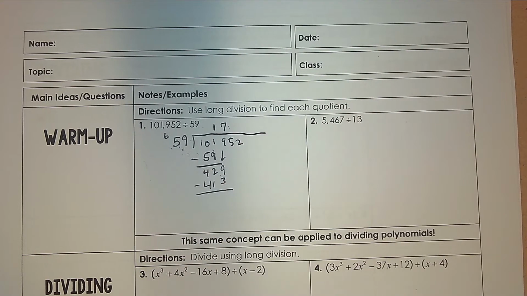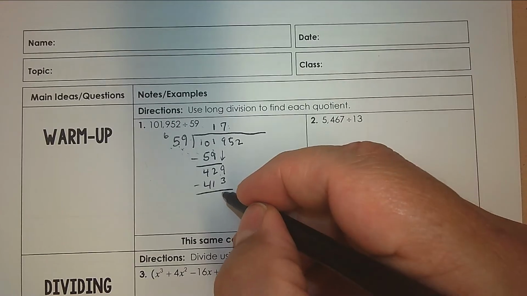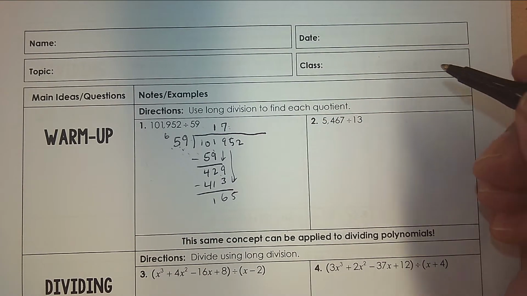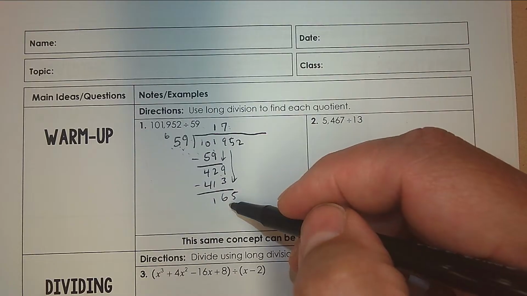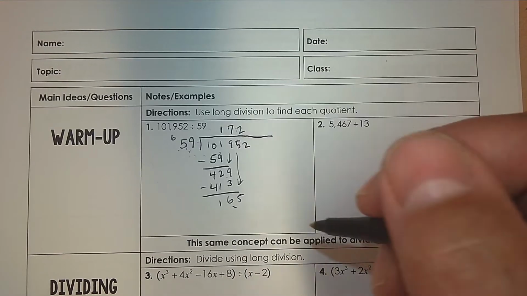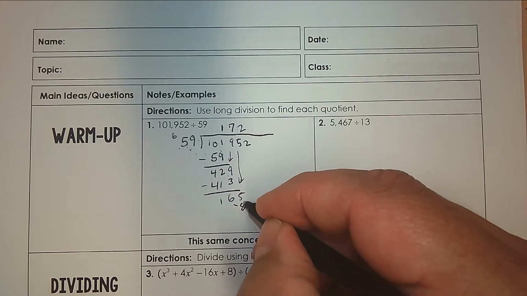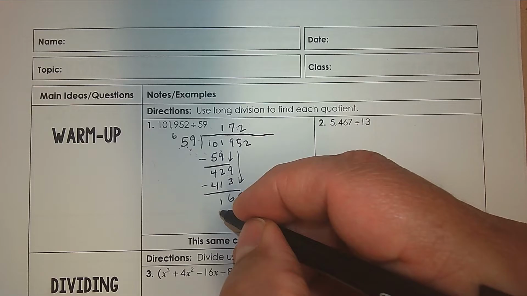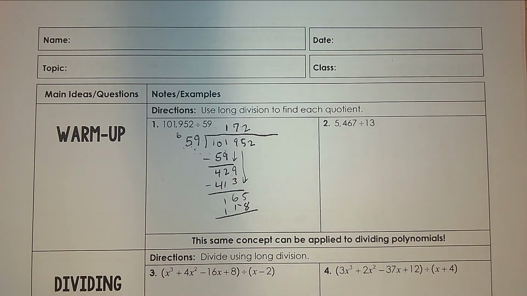It's 413. Bring down the next number. How many times without going over? 59 into this, 2. So if I double that, it's 18 and carry the 1, 10, one more. It's 118. Subtract.